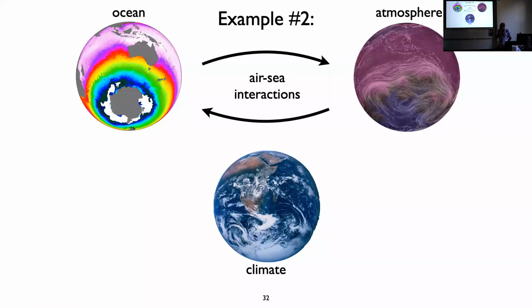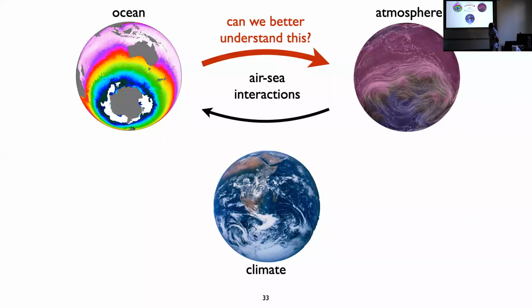So what we want to understand more is this interaction, how the ocean affects the atmosphere back. Because the usual notion is that the atmosphere affects the ocean. We say the winds drive ocean currents, or the winds set up the circulation. But usually we don't think much of the ocean affecting the atmosphere back. So we want to probe a bit more on this part of the loop.